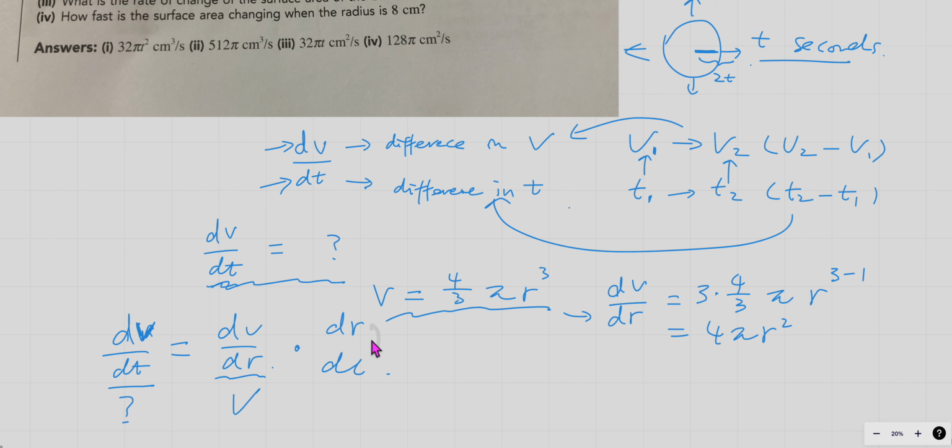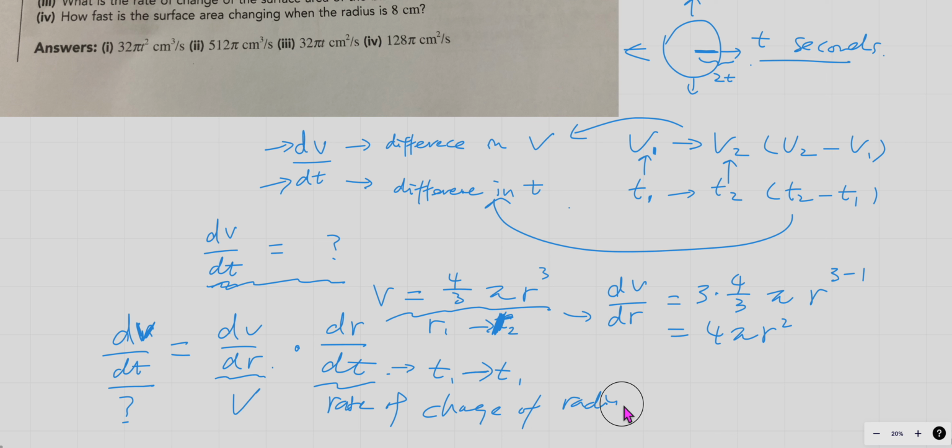This is the time change, and this is the radius change. So this is the rate of change of radius. Do you have that?